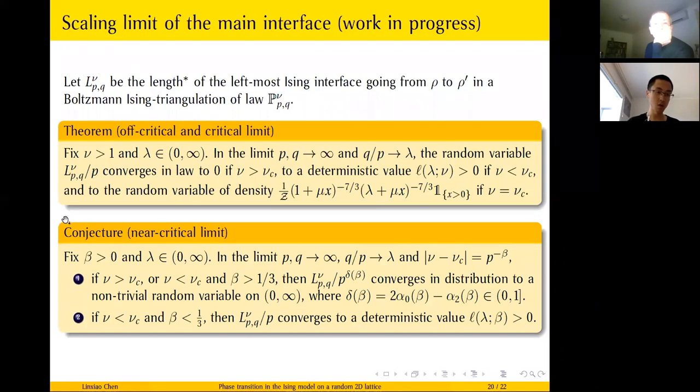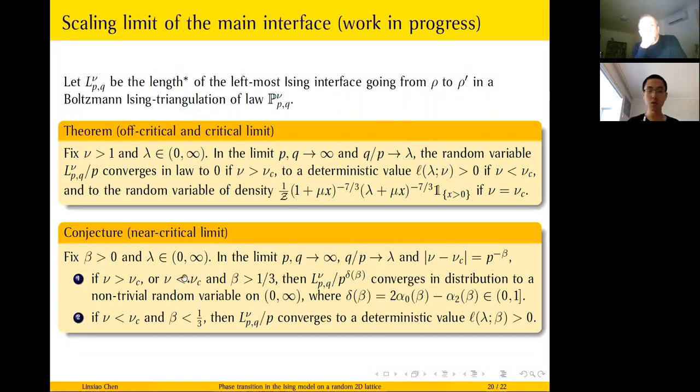Actually, for the near critical regime, we are still working on it. But what we believe should happen in the near critical regime is that there is some funny cutoff in the high temperature case.